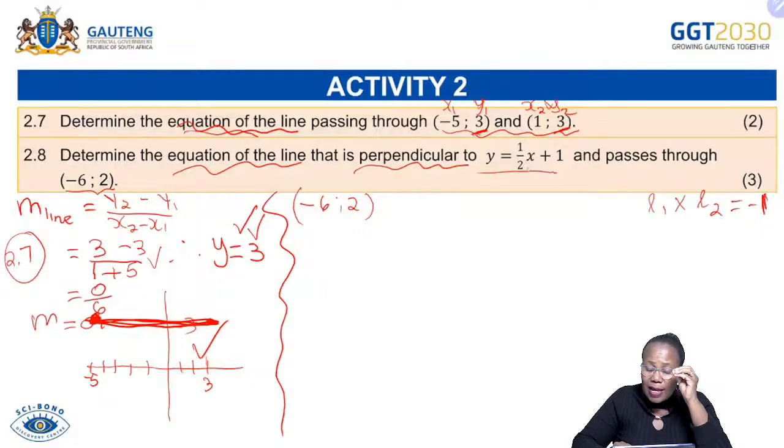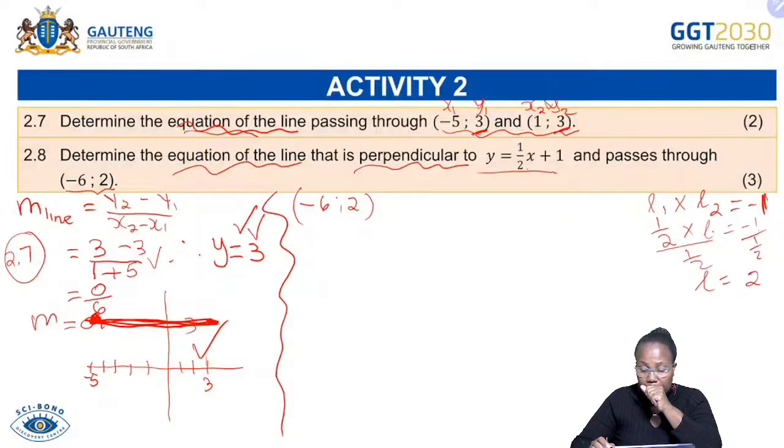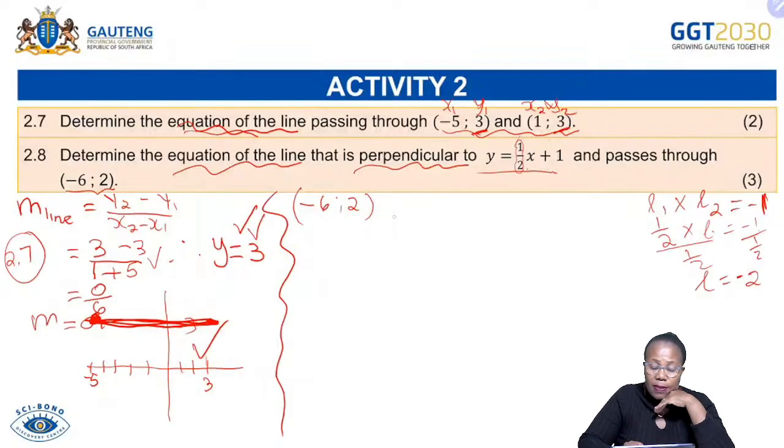So if the gradient of this one is 1/2, then in this case, we'll divide by half both sides. The gradient of that line will be just -2. Can you see what is happening, grade 12? It's the reciprocal of that one with a negative sign. Happy? Therefore, the gradient of that line now will be just -2.